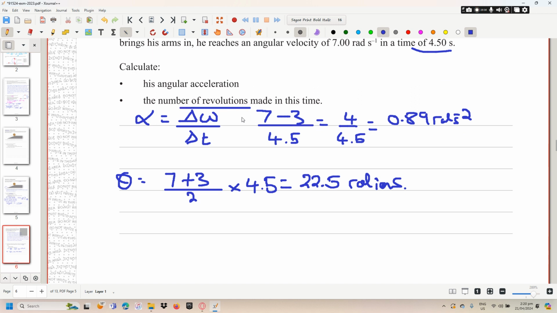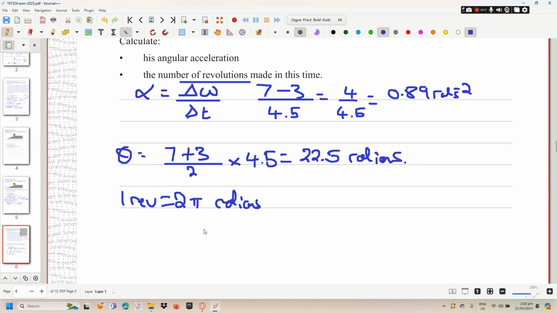Now, we need the number of revolutions. So if you remember that one revolution is 2 pi radians, then the number of revolutions we want is equal to 22.5 radians divided by 2 pi.